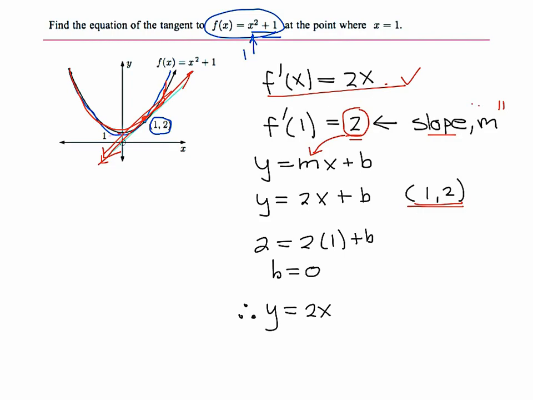Plug it in for x and y. We have y is equal to 2, so 2 is equal to 2 times 1, that's your x value, plus b, and therefore b is equal to 0. So finally, the answer to the question is y is equal to 2x. That is the equation of the tangent line when x is equal to 1.